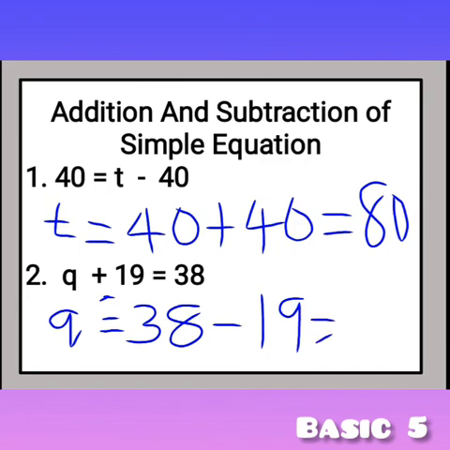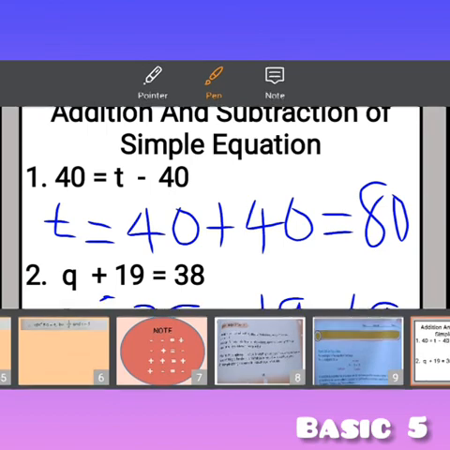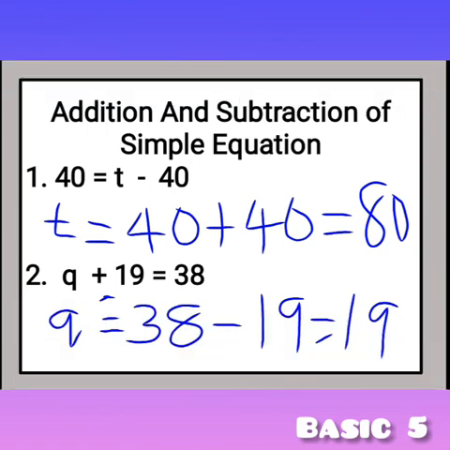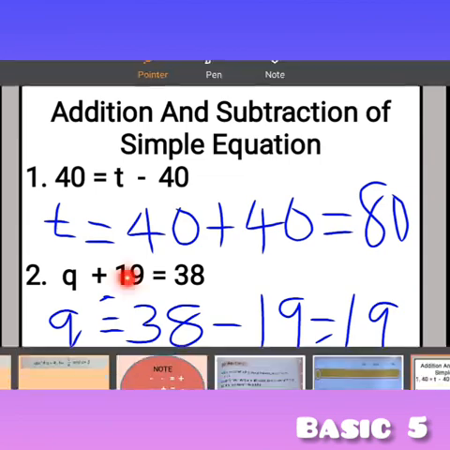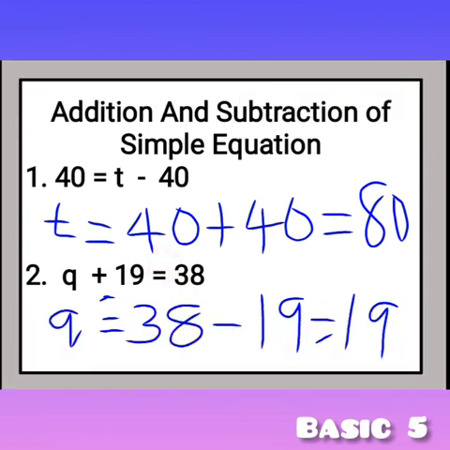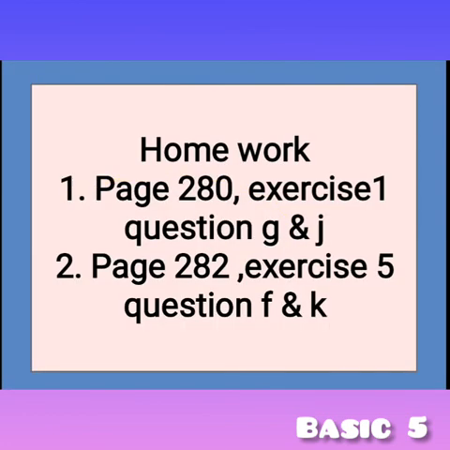Final answer is 19. Equally, if you substitute 19 here, that means our Q is 19, and 19 plus 19 will still give you 38. Having understood that, we have come to the end of part 1, episode 3.